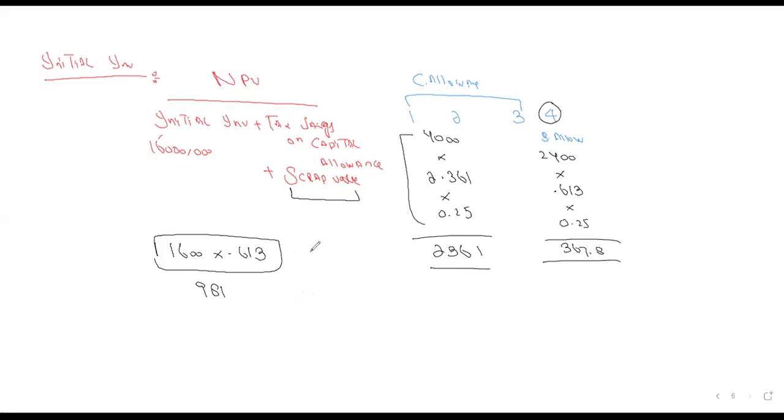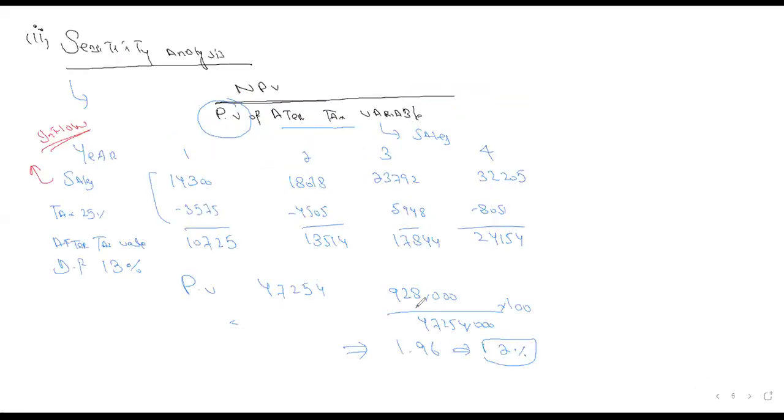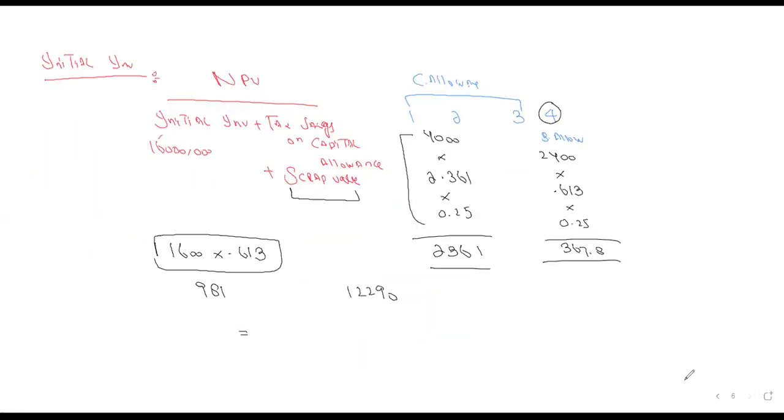Minus 12,290. Now the NPV of the project was 928 divided by 12,290 multiplied by 100. How much is the answer? 7.55.